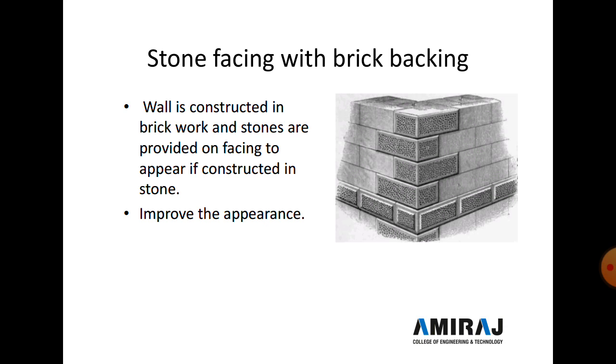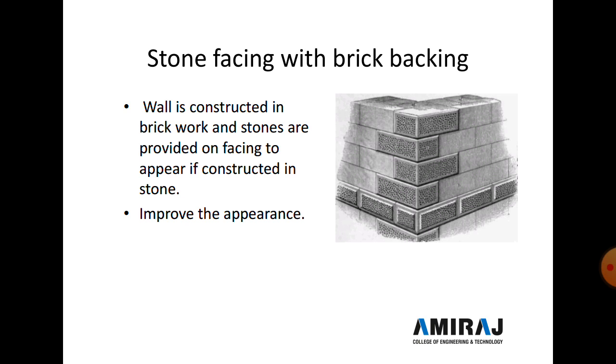See this figure, the name indicates stone face and brick back. So what is stone face? The name indicates stone face means on the face side, or the outer side, stone is provided during construction, as we can see on the front face, and on the back side a brick wall is constructed.